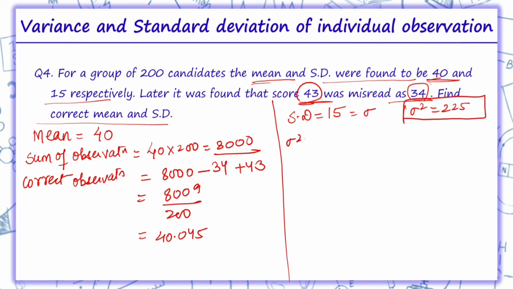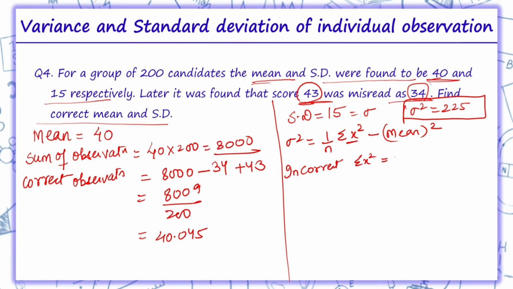Now we have sigma square. The formula for sigma square is 1 upon n summation of x square minus mean square. Again over here we'll find the incorrect summation of x square.